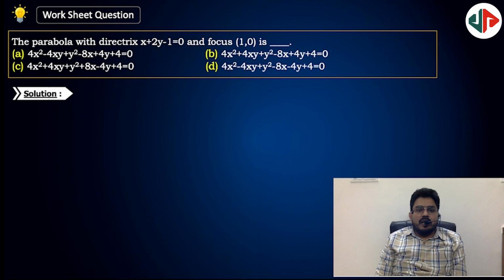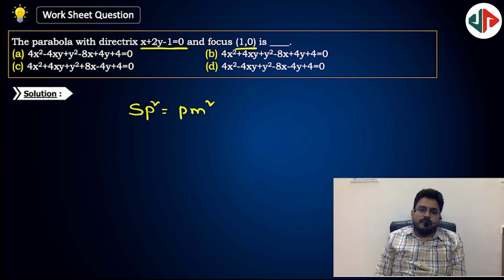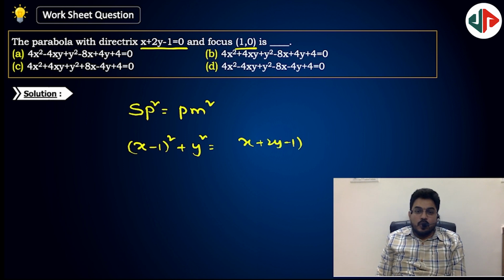The parabola with the directrix x + 2y - 1 and the focus given. Again the same thing: SP^2 = PM^2. (x - 1)^2 + y^2 = (x + 2y - 1)^2 / 5.